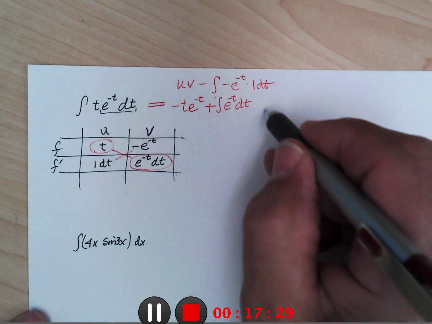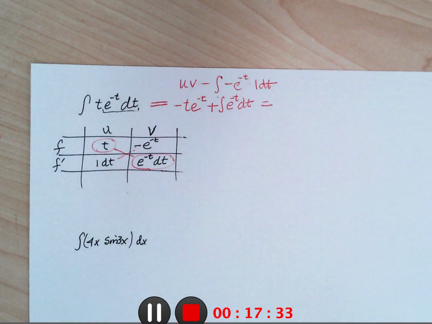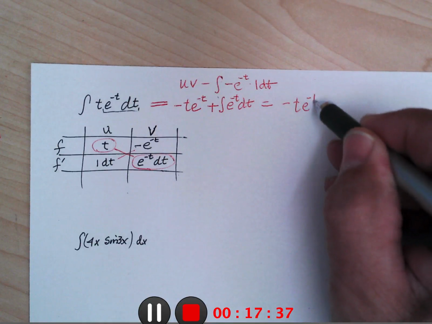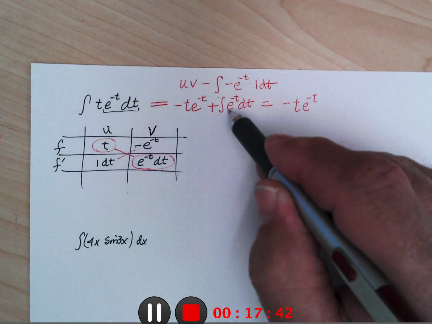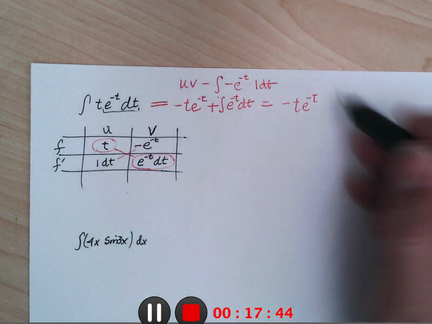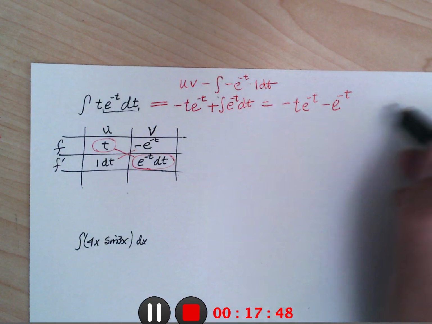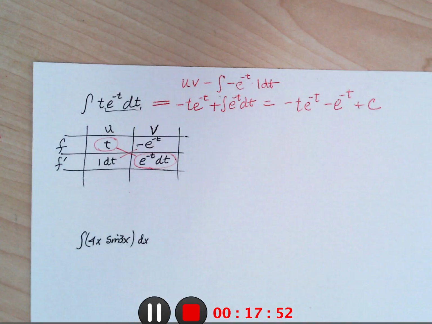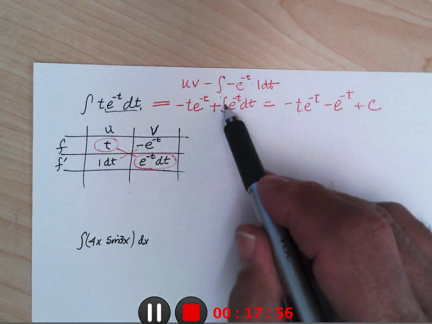So we get, finally, negative t e to the negative t from this, plus, and this turns into a negative e to the negative t, plus c. So, when we do the antiderivative, we get plus c.